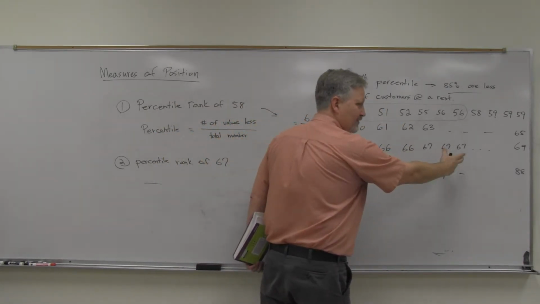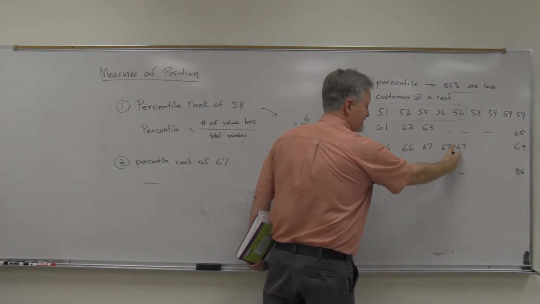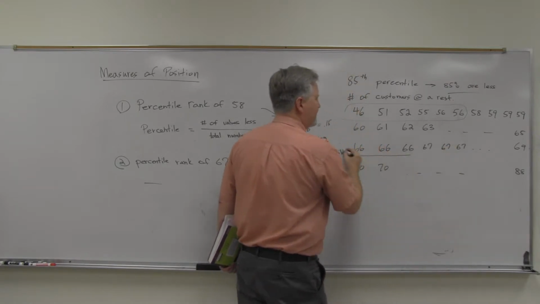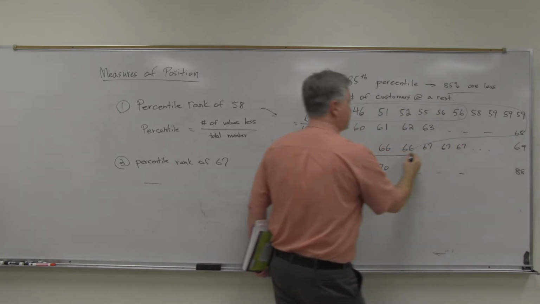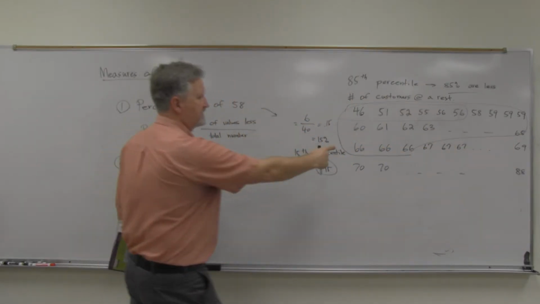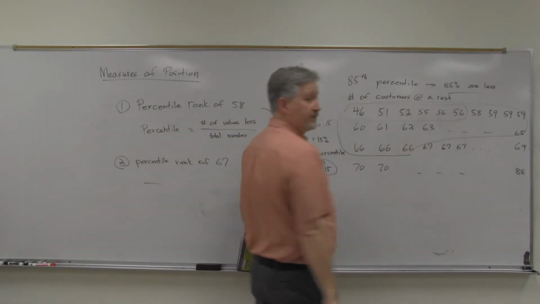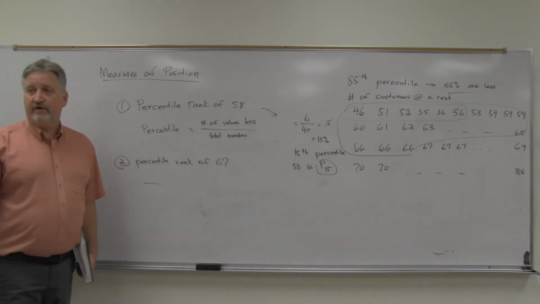You've got 3 66s, and 67 is the 4th one on that line. There are 3 67s, and I wouldn't count those, because I want the values less than 67. So I start with the 66s and then all the rest of them less. I've got 3 on this line, and then 10 on the previous, and so it's 23 or less.